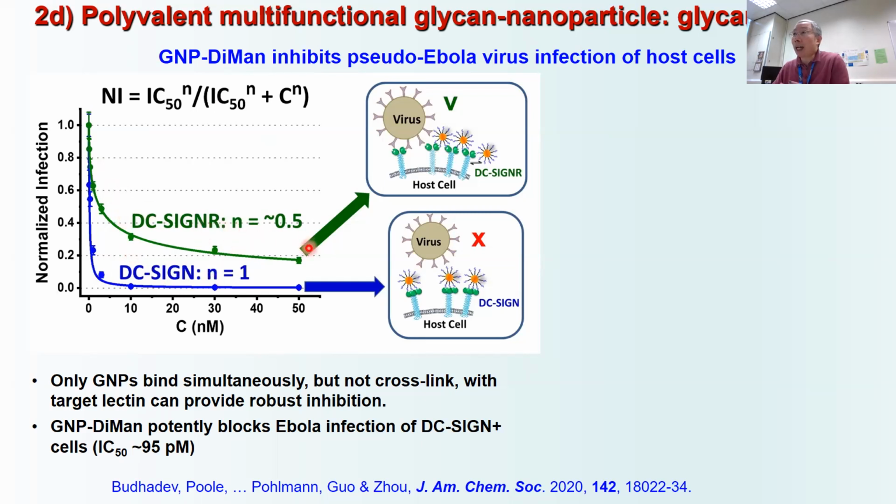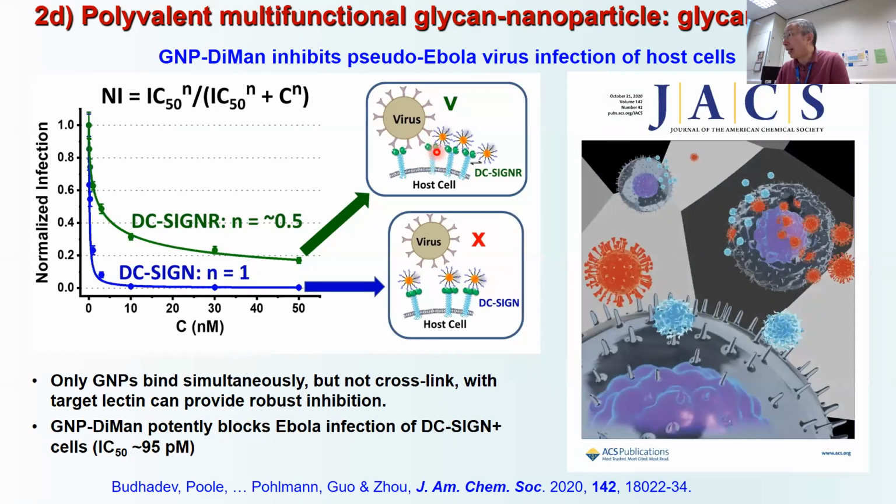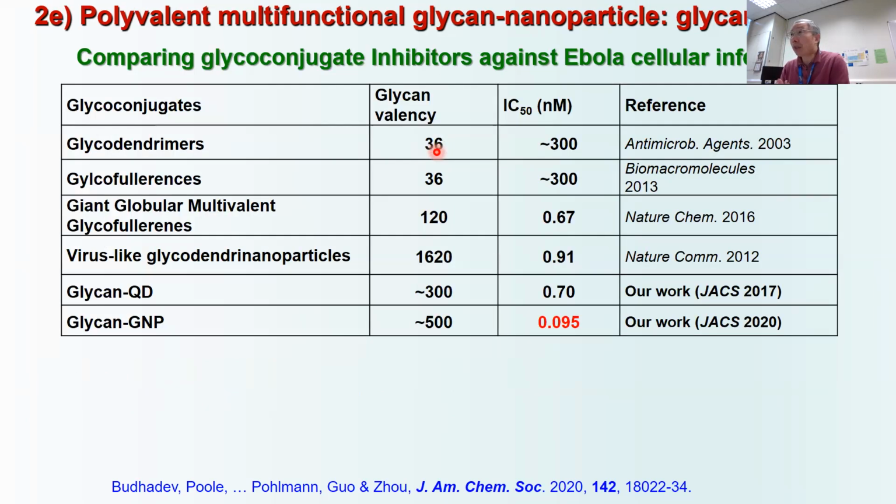But for DC-SIGNR, n is about 0.5, which means it's not very effective. This is presumably because on cell membrane surfaces, these cross-linkings become much more difficult to achieve, so the virus can still easily access the cell. And this work has also been highlighted on the cover of JACS.